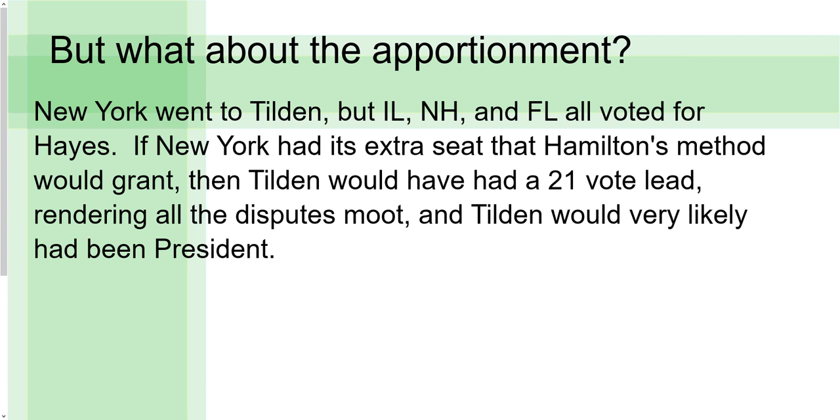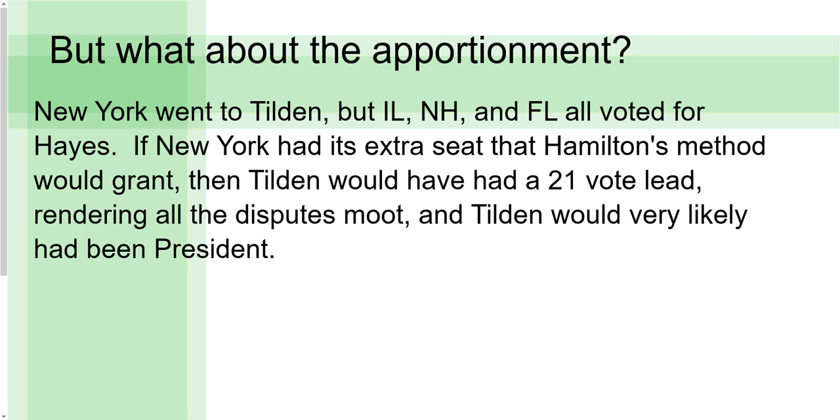and he would have had a 21 vote lead rather than a 19 vote lead. So the New Hampshire vote would have gone to Illinois, let's say, and that would have been fine. That would have been Hayes for Hayes, and that wouldn't change anything.